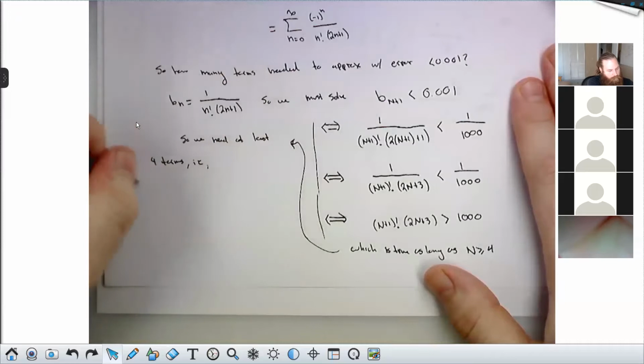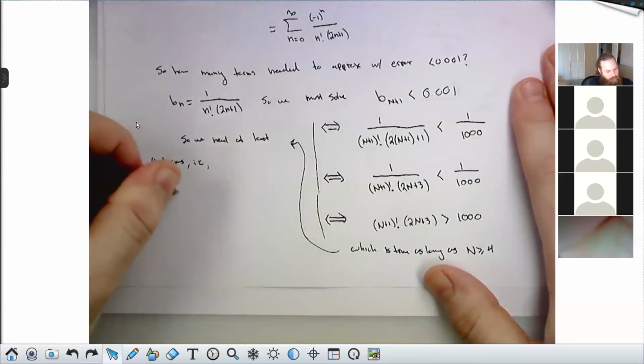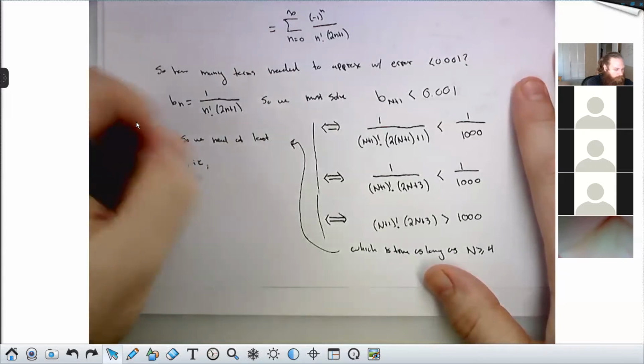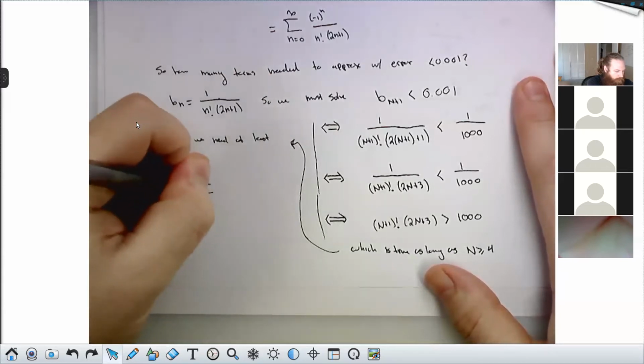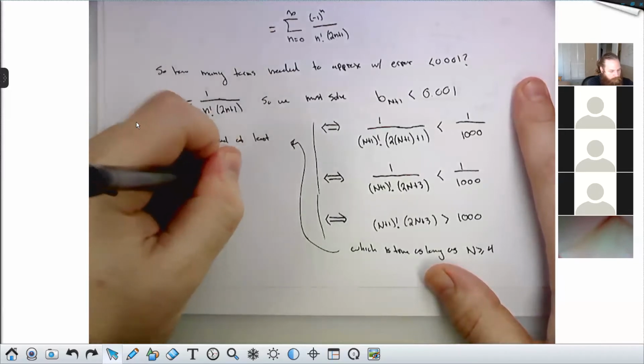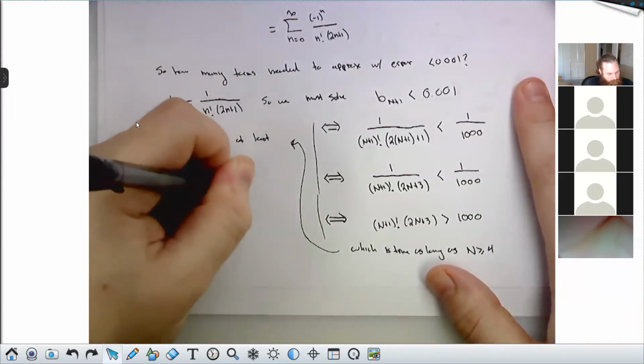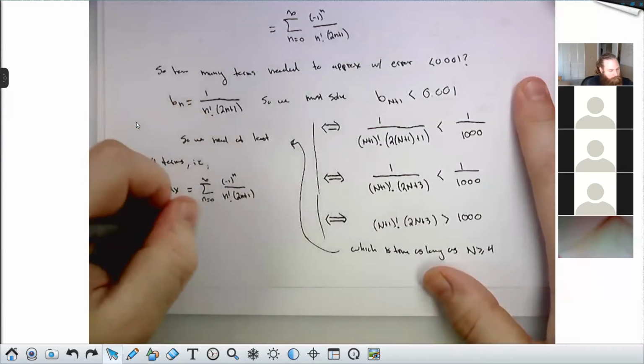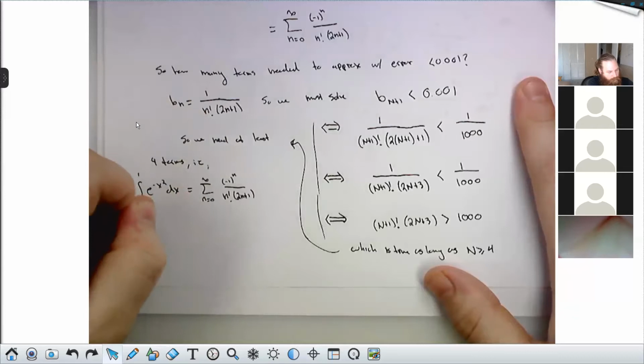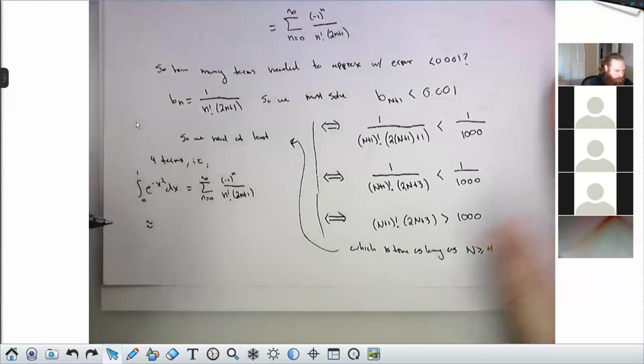I.e., the integral from 0 to 1 of e to the negative x squared dx is exactly equal to the sum from 0 to infinity of negative 1 to the n over n factorial times 2n plus 1. But that itself is approximately equal to, what are my first 4 terms?